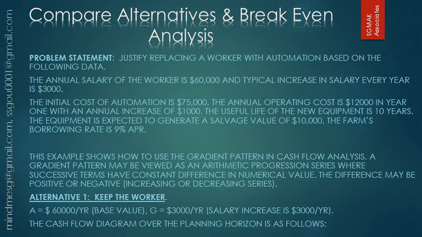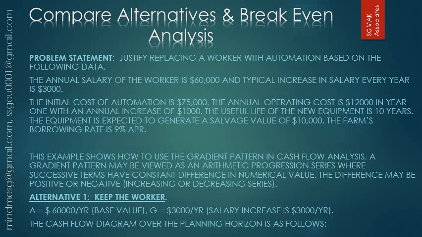Here are the data. The annual salary of the worker is $60,000, and the typical increase in salary, the gradient, is $3,000 every year. The initial cost of automation, you have to pay $75,000 to buy it.